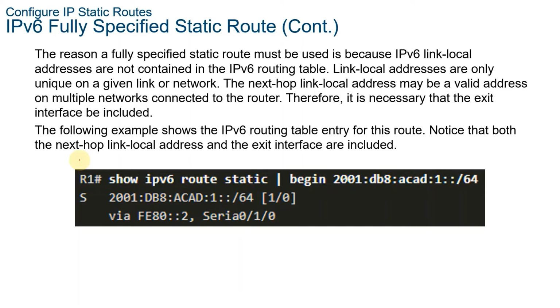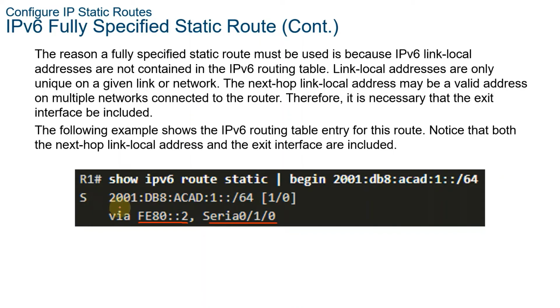Therefore, it is necessary that the exit interface be included. The following example shows the IPv6 routing table entry for this route. Notice that both the next hop link local address and the exit interface are included.